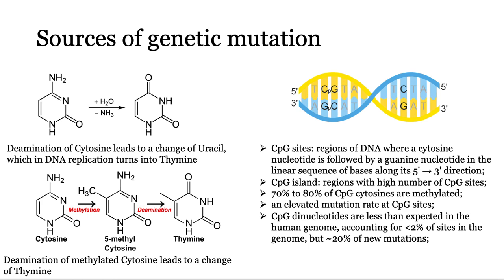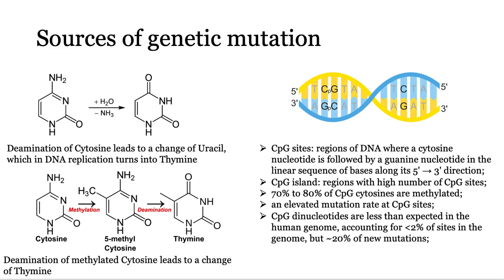cytosine can undergo spontaneous deamination and transform into uracil. So you have a C change to U, and during DNA synthesis, U will pair with A. So eventually, at that position, CG changed into AT.